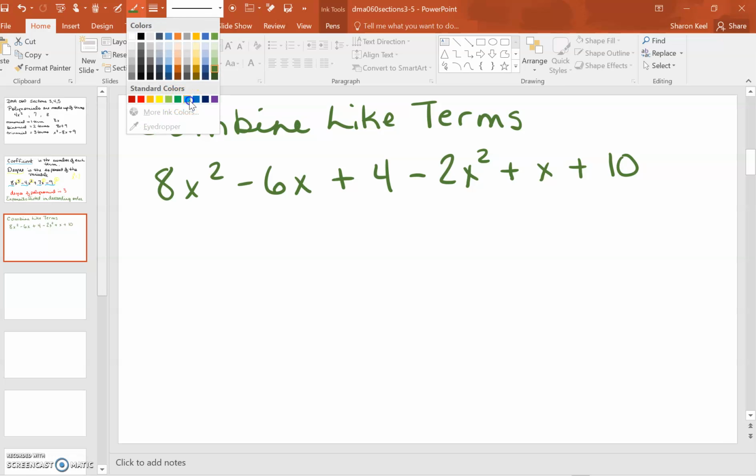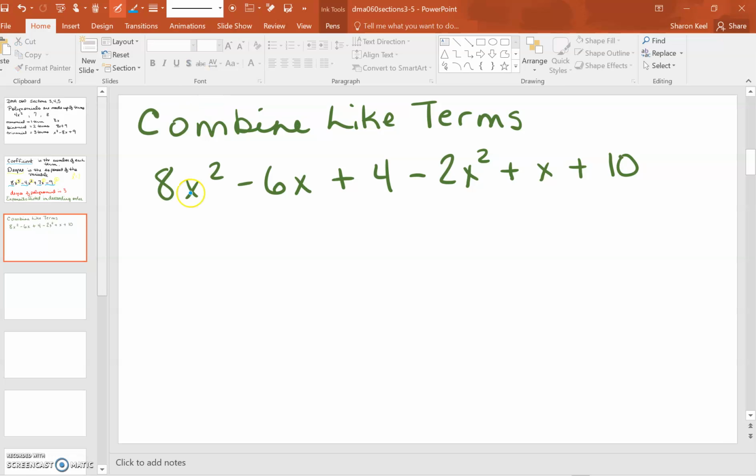So let me use coordinating colors. Now, 1, 2, 3, 4 of these have x's, but there's a difference. We have x squareds and we have just an x alone. So I'm only going to combine the ones that have the x squared. So 8 minus 2 is going to give us 6x squared.